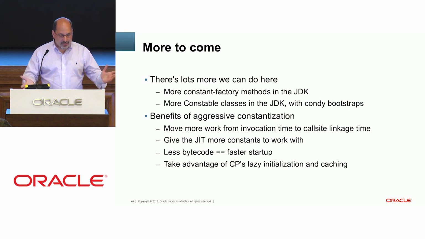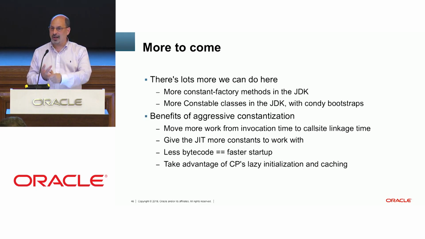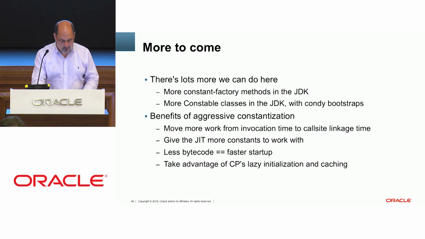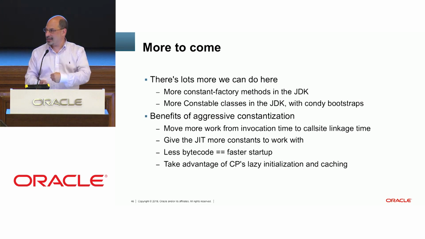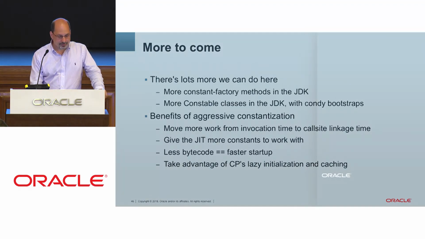So obvious things we can do: have more constant bootstraps in the JDK, more constable methods in the JDK, more constable classes in the JDK, and the more things that are tagged this way, the more things that these optimizations will have to chew on. Gives the JIT more constants to work with, less bytecode means faster startup, more laziness. These things all work together to get really nice results.